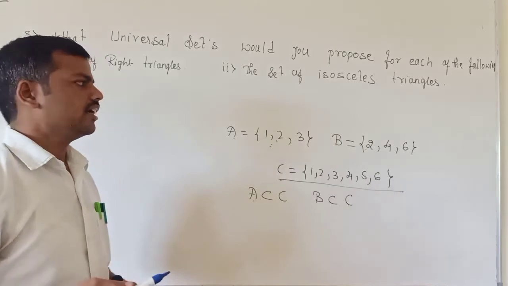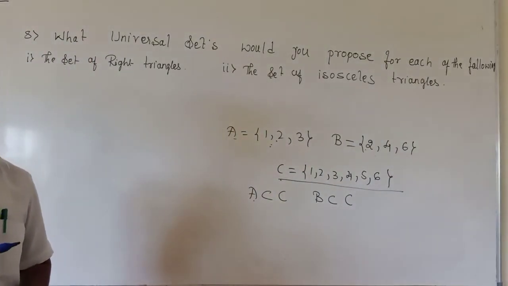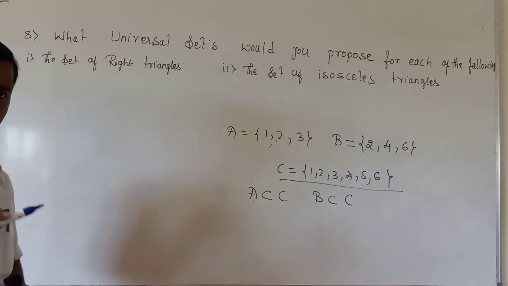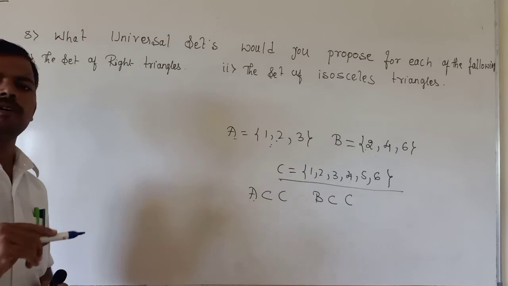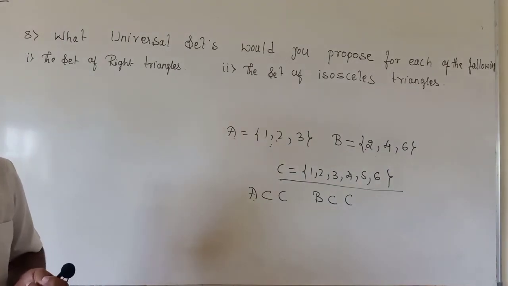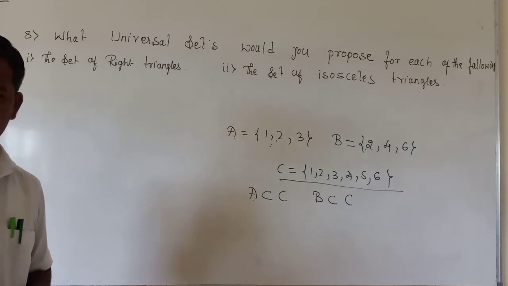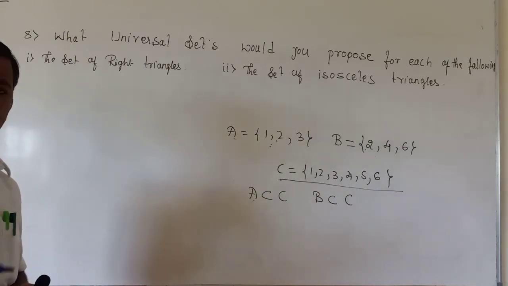Now see, the natural number set is called a universal set. Why? Because it contains even numbers, odd numbers, prime numbers, perfect square numbers. So for all these numbers, the natural number set becomes the universal set. And if you take natural numbers, integers, real numbers, rational numbers, the real number set becomes the universal set.